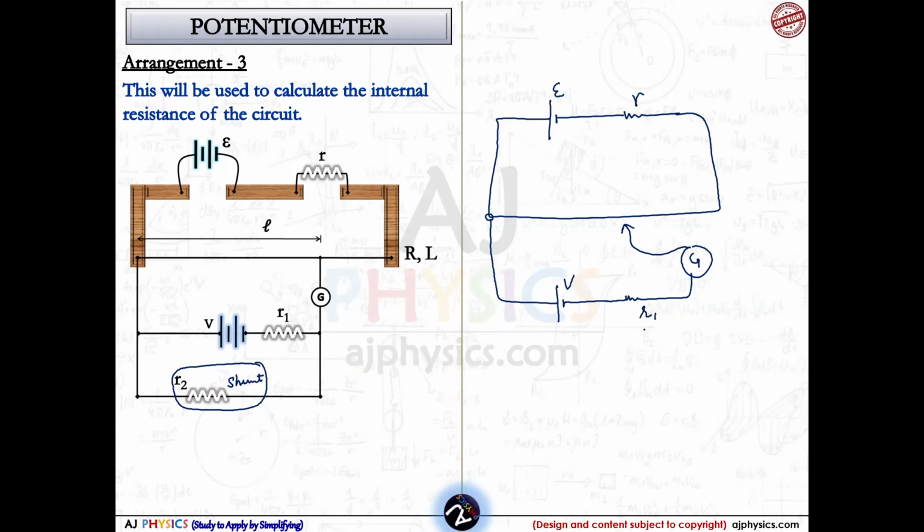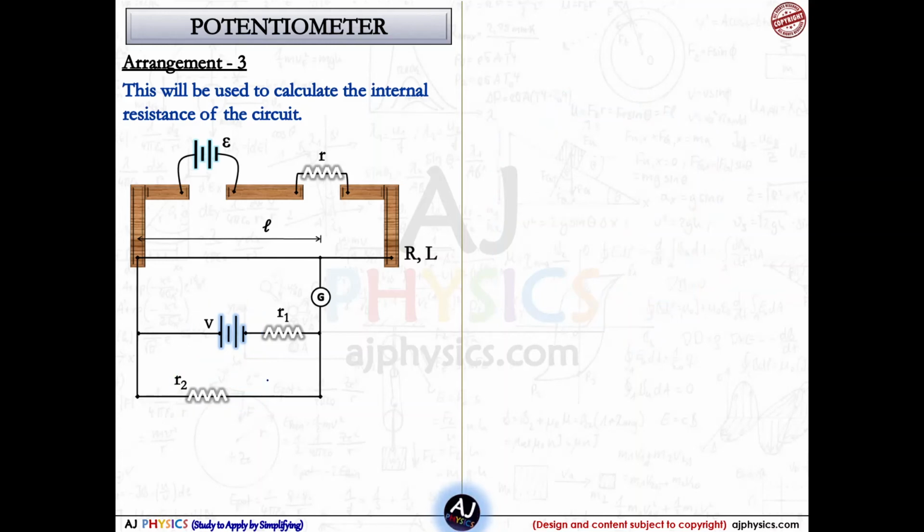In the arrangement 1, this value of the resistance could be any value. But when you shunt this battery with some resistance R2 or some external resistance here in the secondary circuit, then the current will definitely flow in the secondary circuit. Okay, there will be current flowing in the circuit, and whenever there is a current flowing in the circuit, we use TPD.